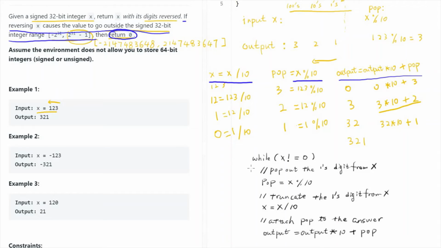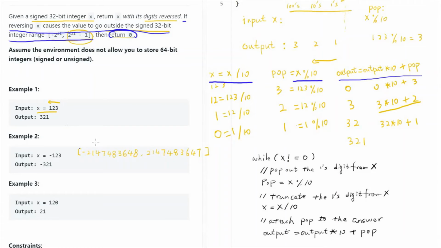These are the basic steps for our solution. Now let's discuss if the reversed x goes out the range. So here is the range. Let's give a name for these two values.